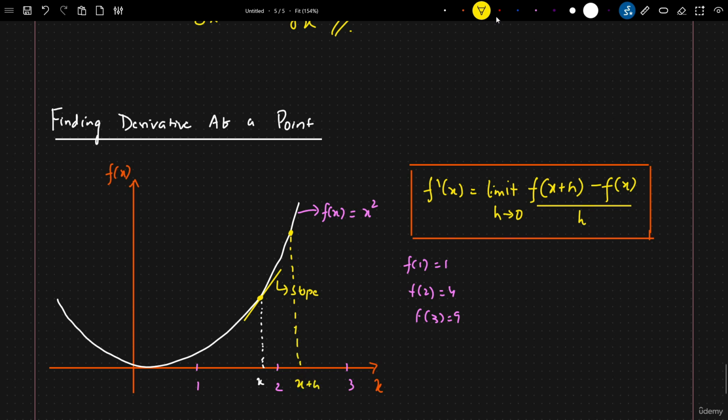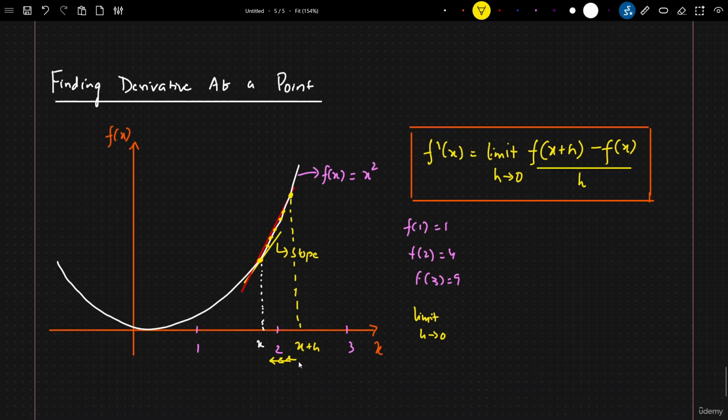As I've already told you, whenever we have this kind of curve, first of all, we'll try to draw a secant line, like this. Then we try to move this entire point nearer to this x value. That basically means we need to move from here towards this x. That is the reason we have used limit h tends to 0.